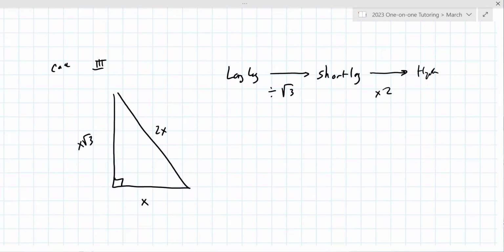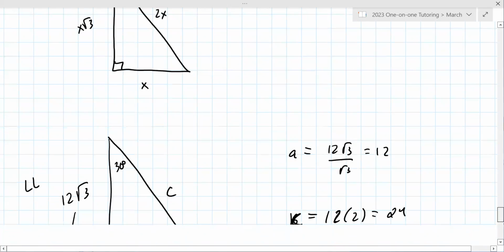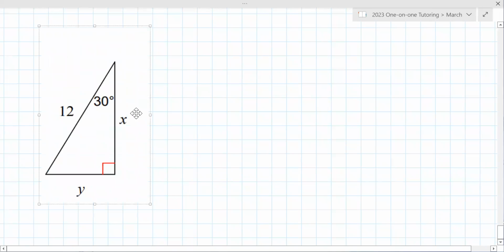Okay, we're ready to do some practice problems here. Let's see where you're at. A small wrinkle here is that they're not always going to orient them the same way.